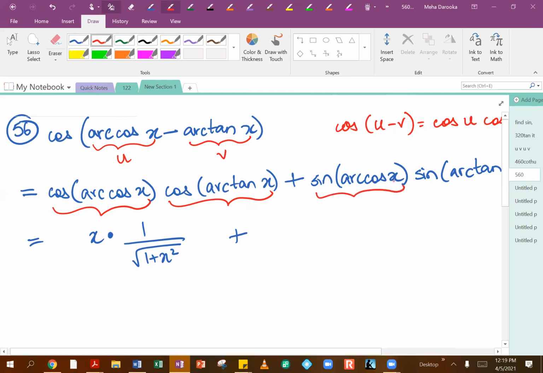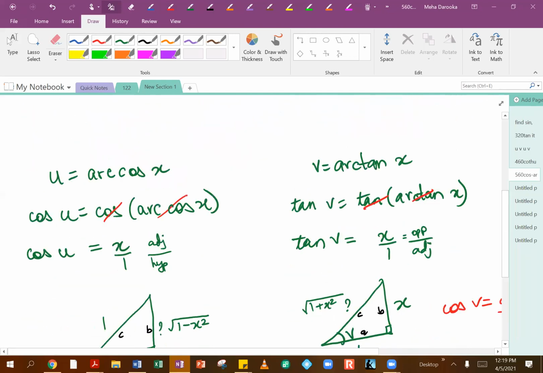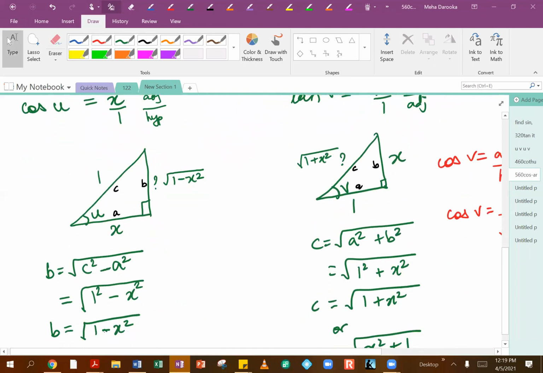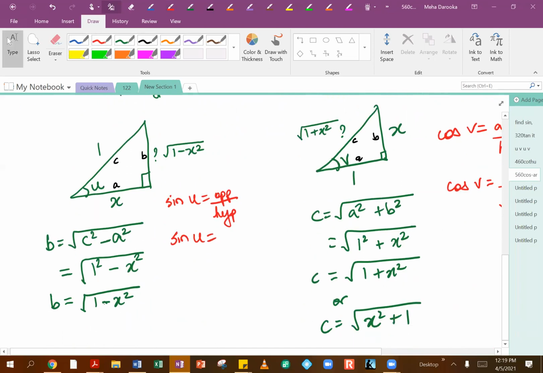So sine of arc cosine of x, again, remember we assigned arc cosine of x as angle u. So you're basically finding sine of u for that first part. So sine of u means we are coming to this triangle here. And sine of u is opposite over hypotenuse. So what are we looking at for this guy? Square root of 1 squared.